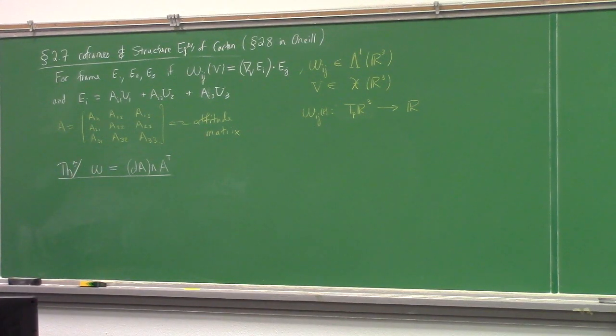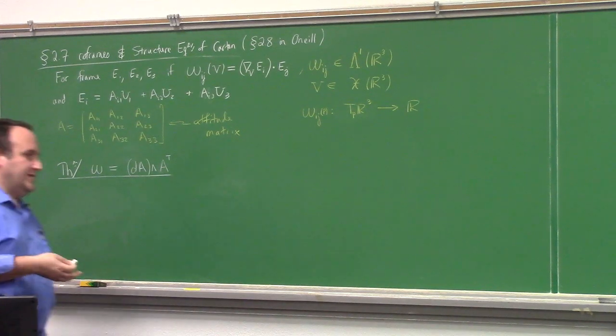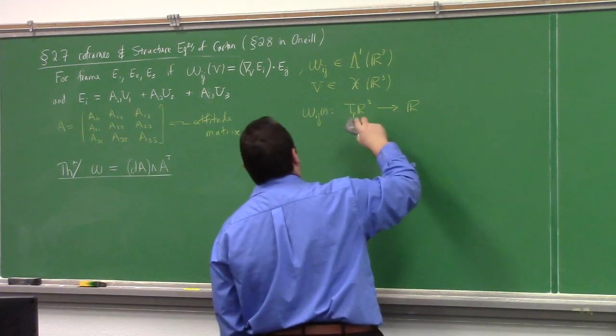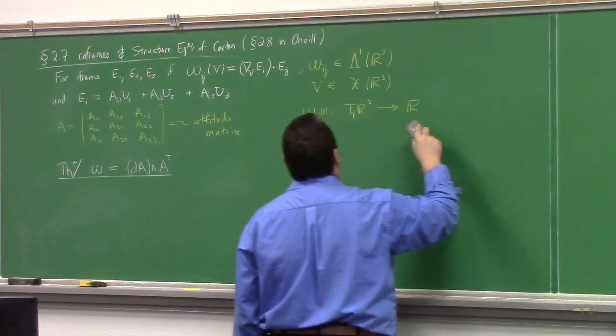And in particular, we're going to look at some formulas that arise from what's called the coframe. All right. So I talked about this a few weeks ago, I think, but we never did much with it yet. Now we're going to do a little bit more with it.